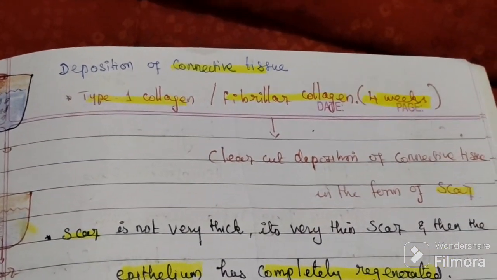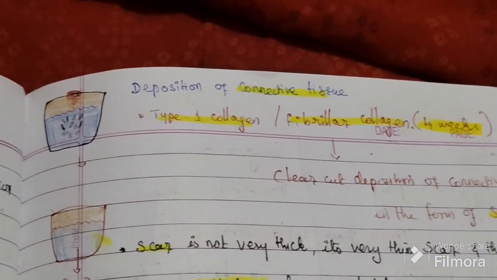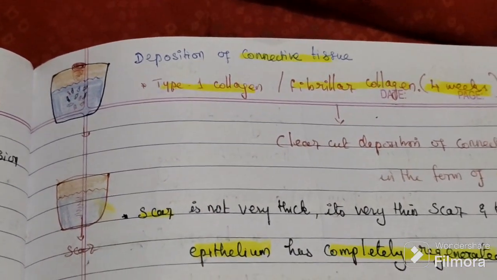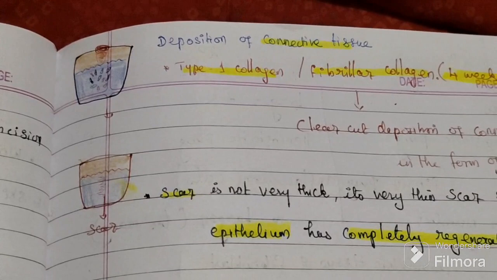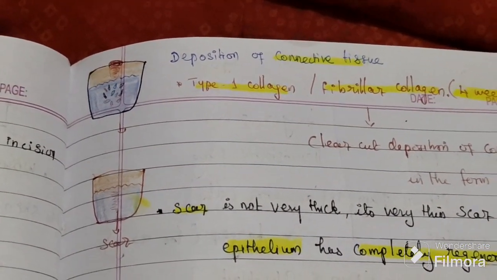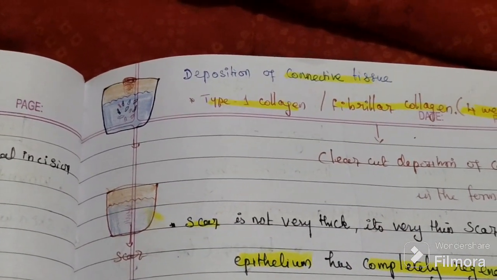This happened in the first week. So what happened in the subsequent week? There is deposition of connective tissue. The epithelial regeneration is more than what we saw in the first week.